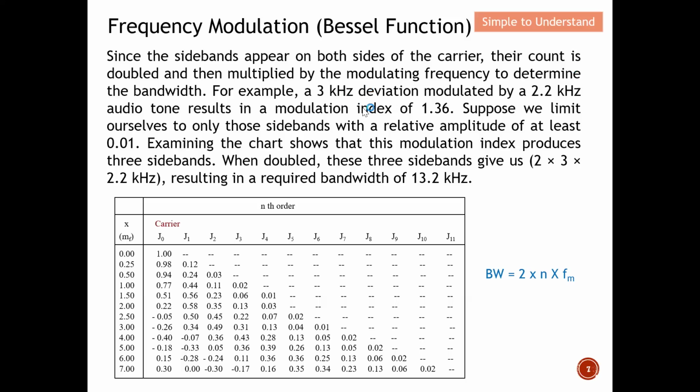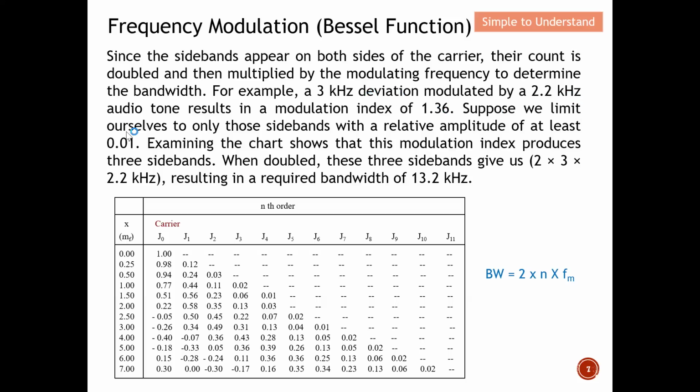The modulation index is equal to the frequency deviation over the frequency of the modulating signal. So basically, in short, the modulation index is equal to 3 over 2.2, which gives us 1.36. So this is how we obtain the modulation index. It's the frequency deviation over the modulating signal.